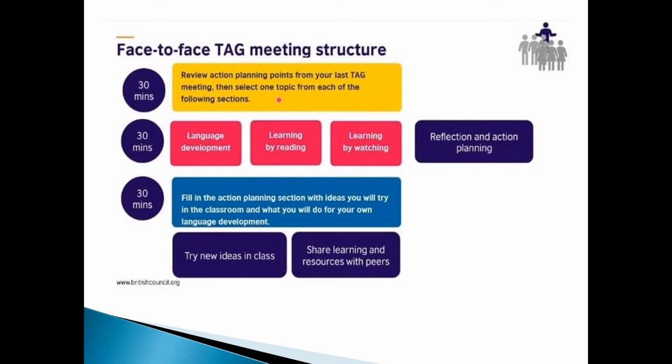In your book they have already given an index for language development, learning by reading, and learning by watching. In every section there is a lot of content, but you have to choose one topic for your TAG meeting.